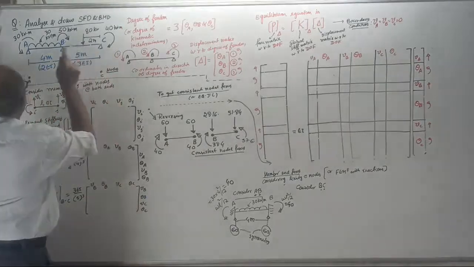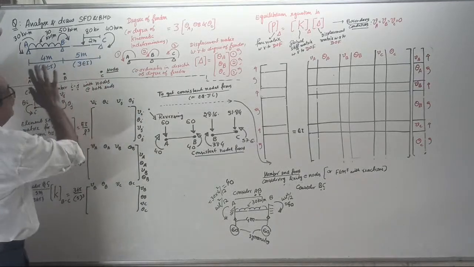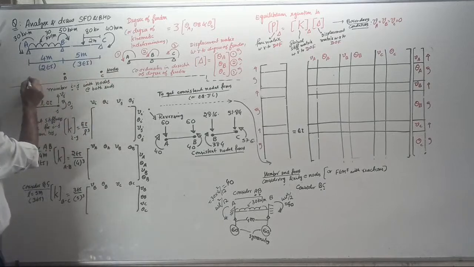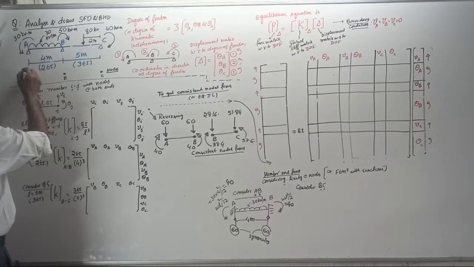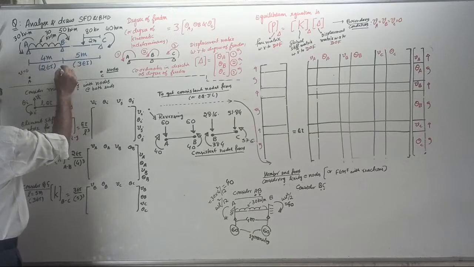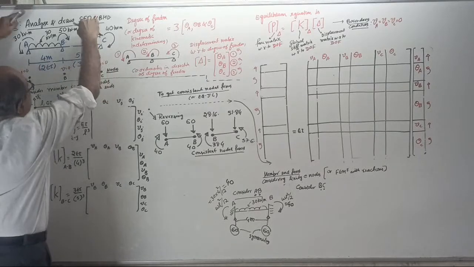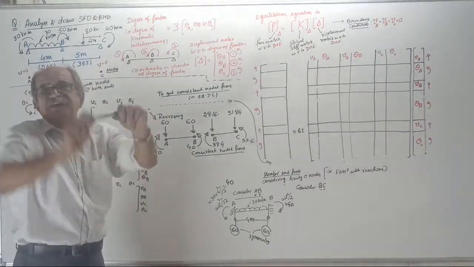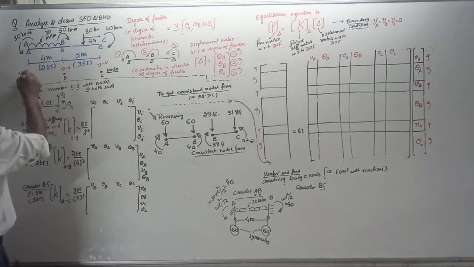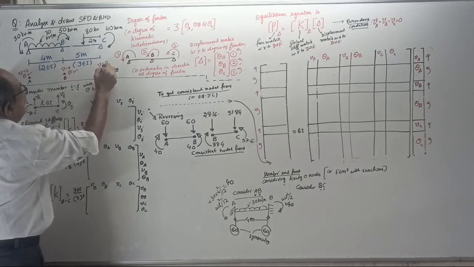So you should consider possible unknown displacement at A, B and C. Make a note. At A, your vertical displacement is 0. At B also, vertical displacement 0. At C also, vertical displacement 0, because supports are there. But there will be rotation. So V is 0, theta is there.